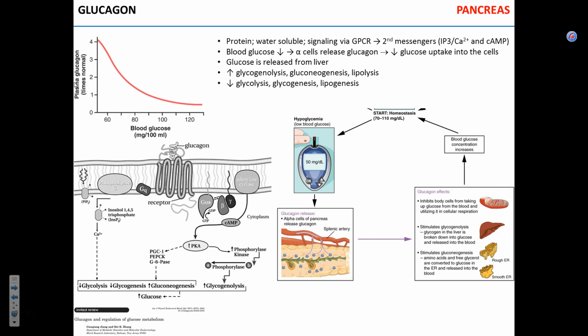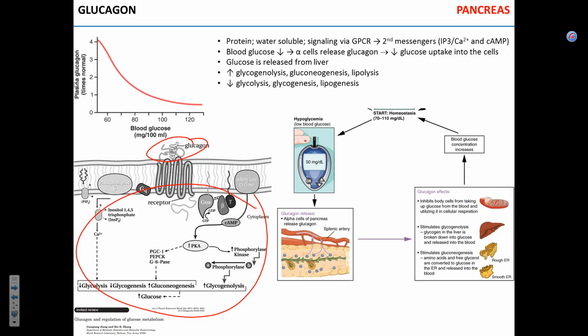So, glucagon is the opposite of insulin, okay, in terms of the function. It's a protein. Here you can see glucagon binds to its receptor, and it stimulates a bunch of intracellular events. I'm not going to ask you how it works. It works through phospholipase C, adenylate cyclase.